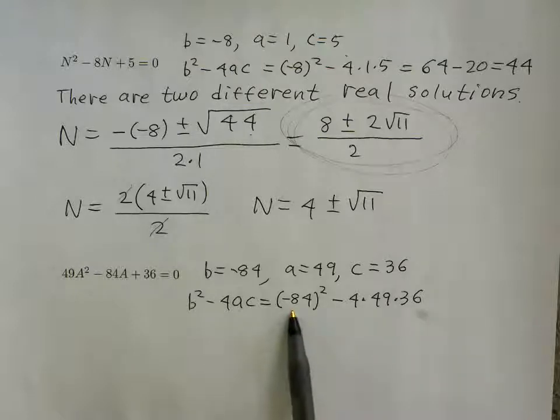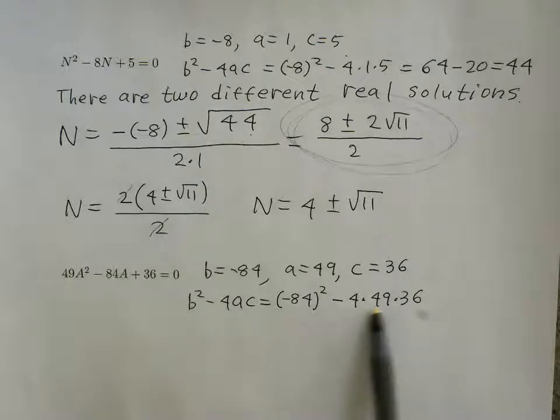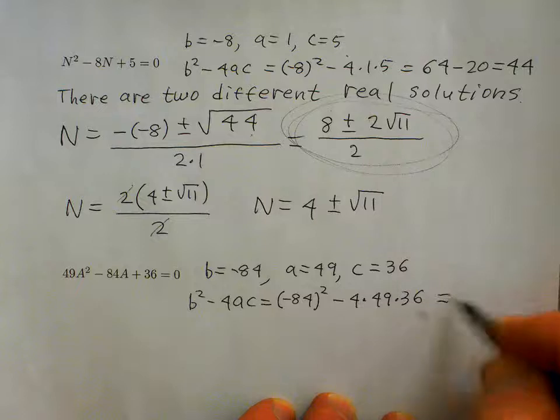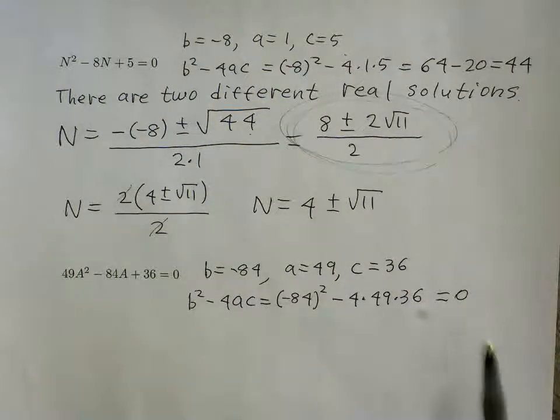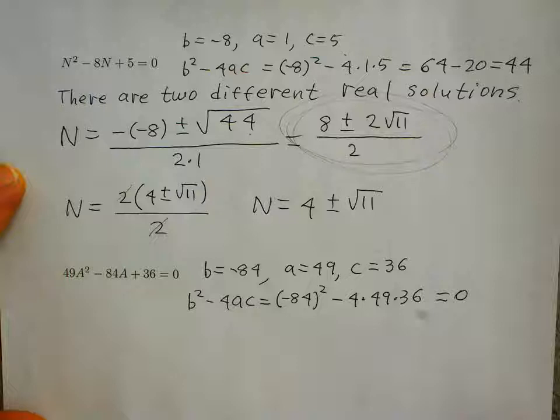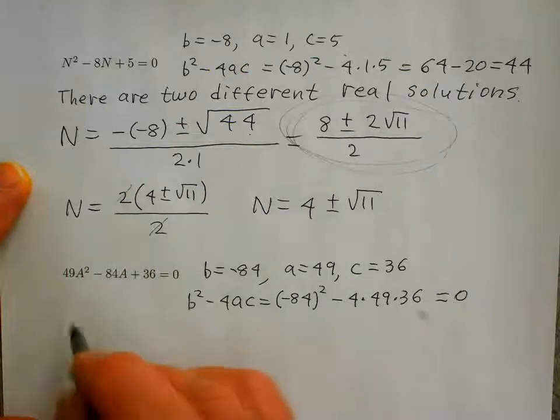Yeah, so negative 84 squared minus 4 times 49 times 36 equals 0. So the discriminant is 0. What does that mean? It means one repeated real solution.